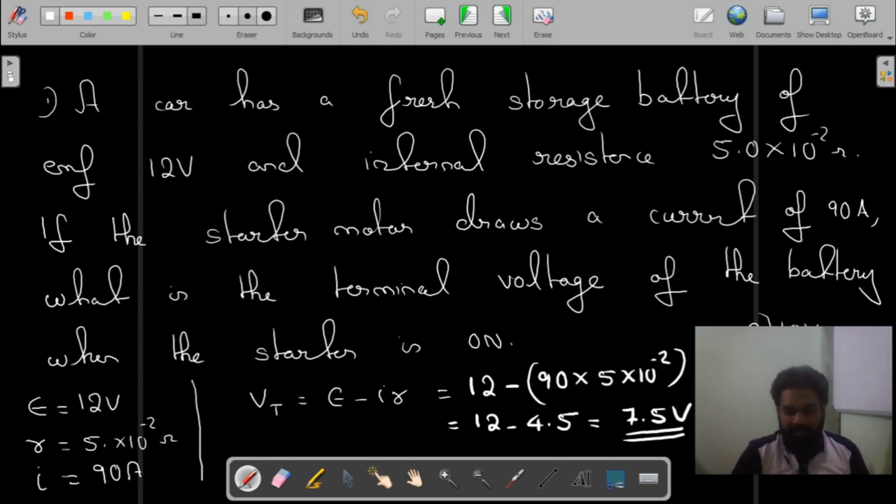Understood or not? So this is just an introduction about the cell. We discussed the cell, then internal resistance, and how the cell works internally, to understand the flow of electrons and the reason for it. Outside the cell, current flows from higher potential to lower potential, but inside the cell, current flows from lower potential to higher potential. The general statement is that current flows from higher potential to lower potential, which I have also told in class, but that is across the circuit outside the cell.